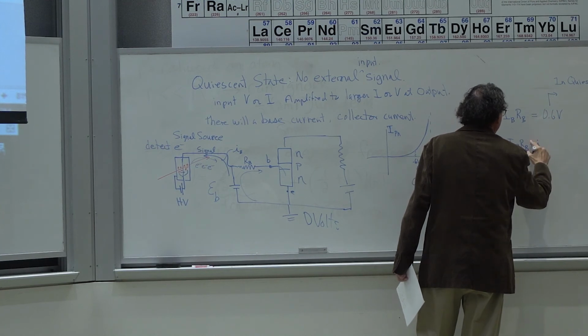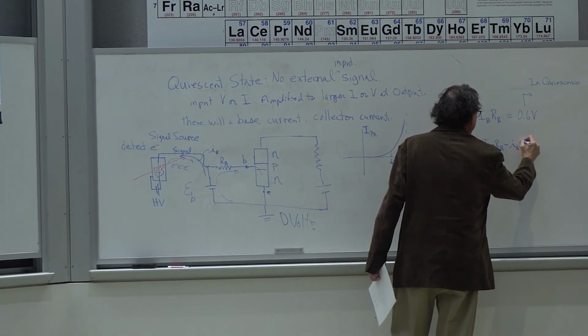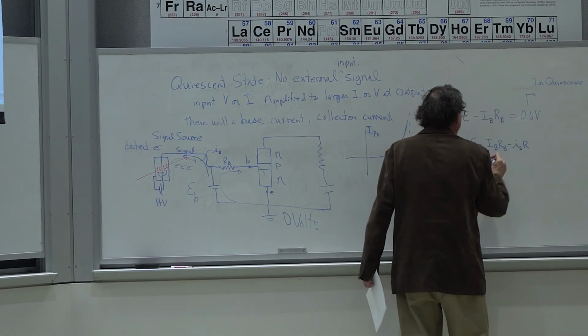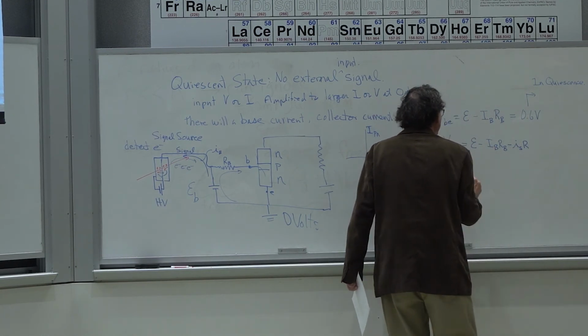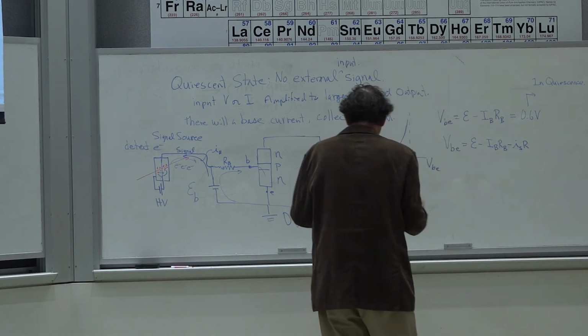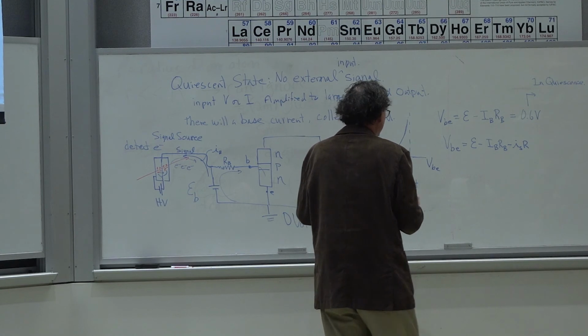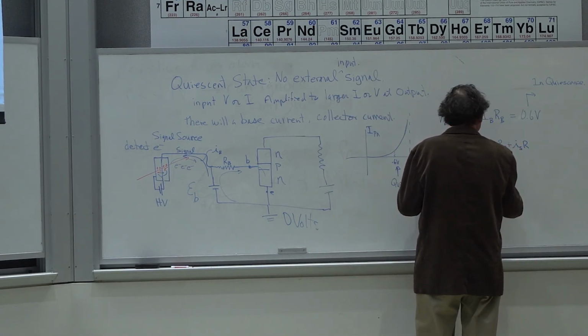minus I signal times RB. So in other words, let me see if I can find a better way to express that. This should be minus.